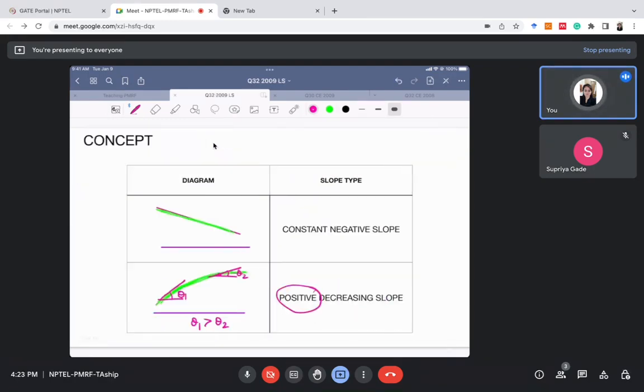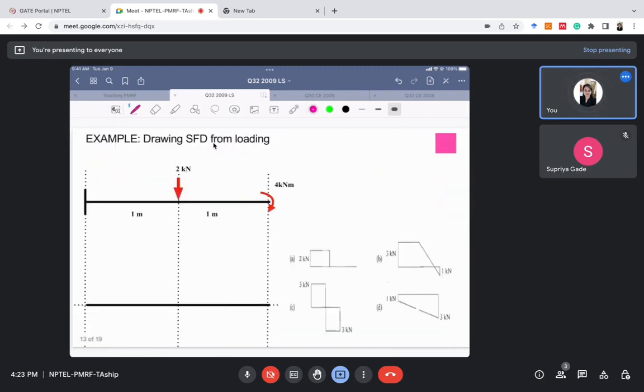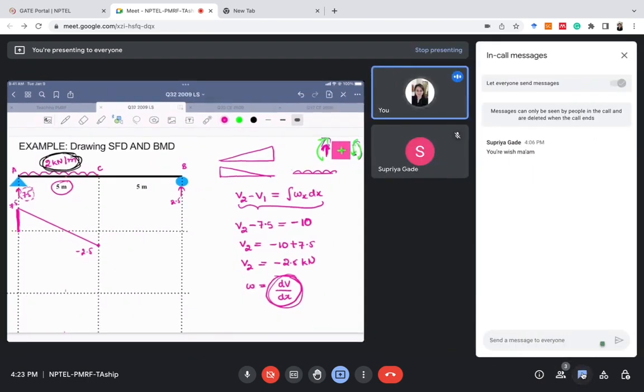So from the slopes we have discussed here, constant negative slope is this. Therefore, we will join section A and C using this type of slope. So now I'm joining A and C with constant negative slope. Is there any problem, or should I continue, or do you want me to explain it again?